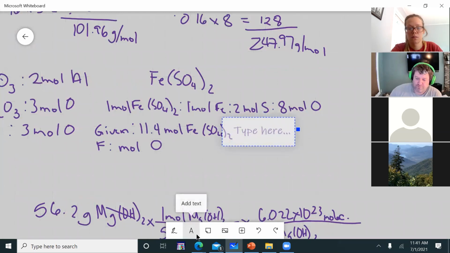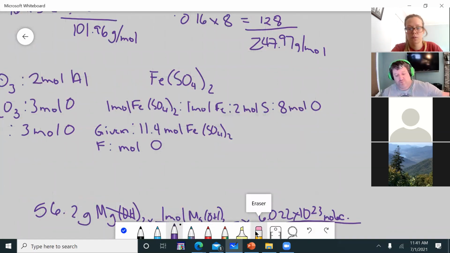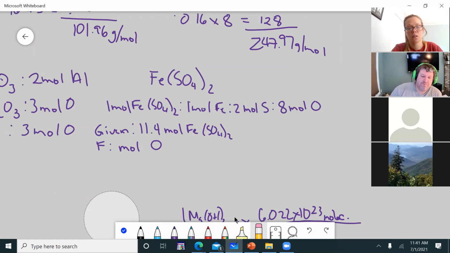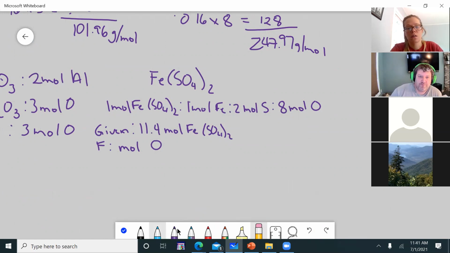Well, if we know moles of the compound and we want to find moles of oxygen, I'm just going to use these two relationships. I don't need the others in this given problem, so I can ignore them.